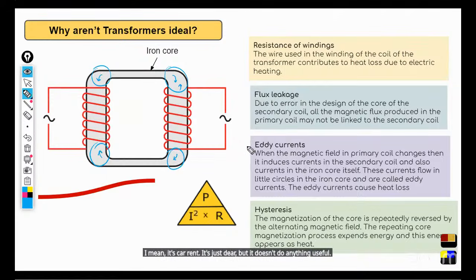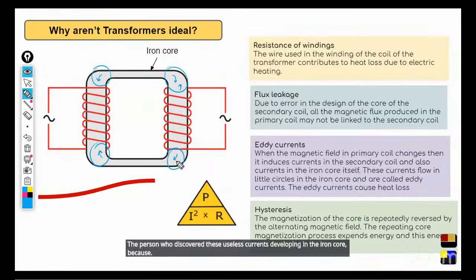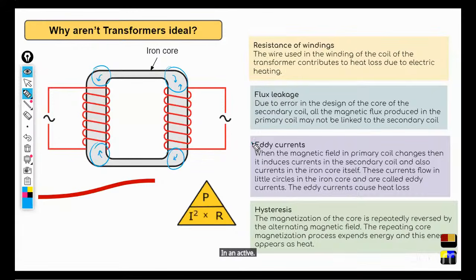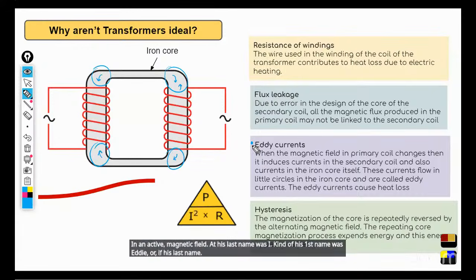The person who discovered these useless currents developing in the iron core, because it's living in an active magnetic field, I think his last name was, I can't remember if his first name was Eddie or if his last name was Eddie, but he was the person who discovered that. Remember, everything has what?